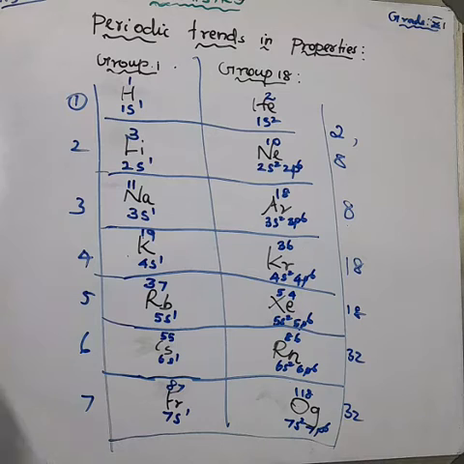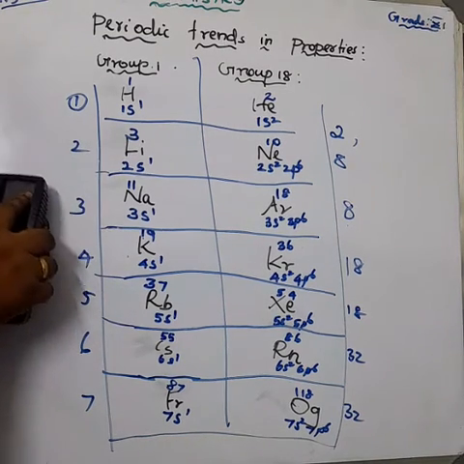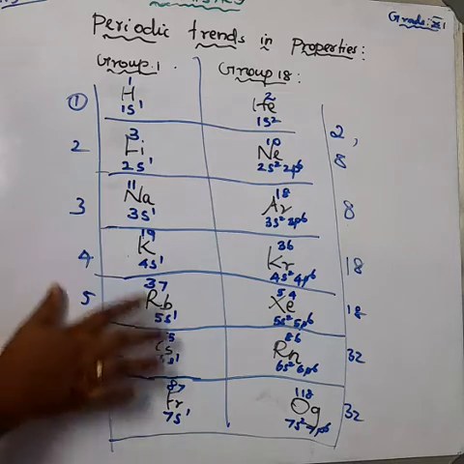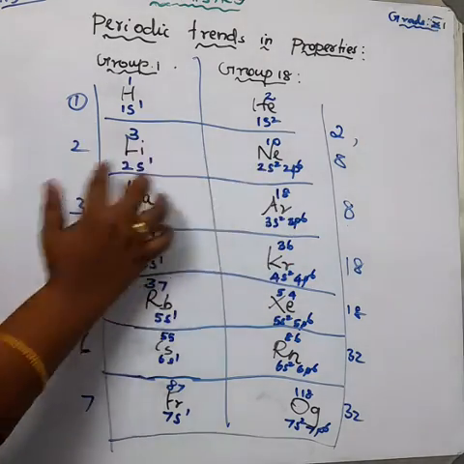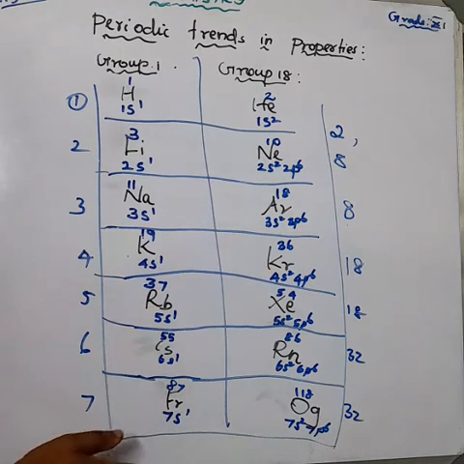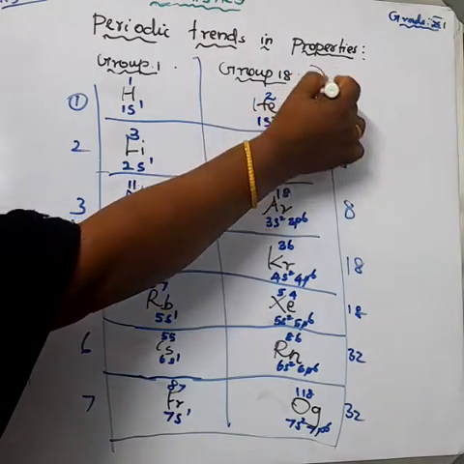Here the word periodic means that with the rise of atomic number of the elements in the same period or group, there is a gradual variation in a particular property of the element.